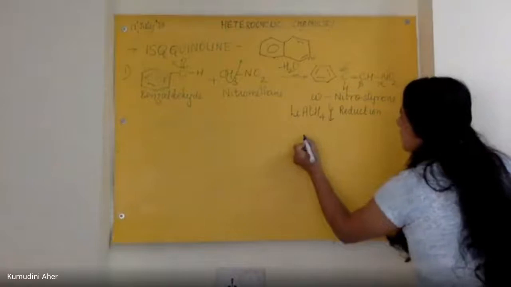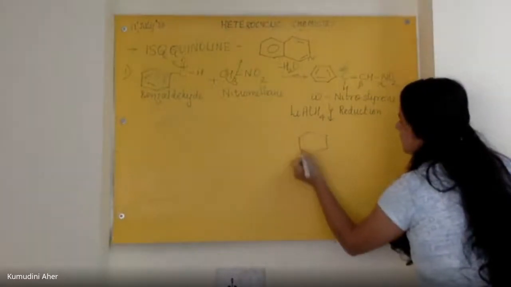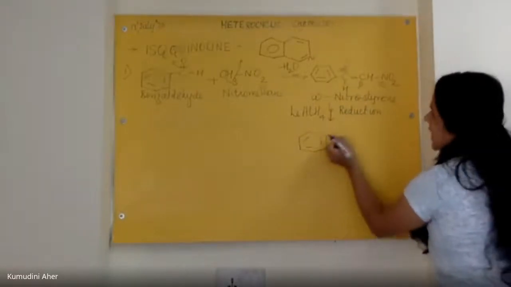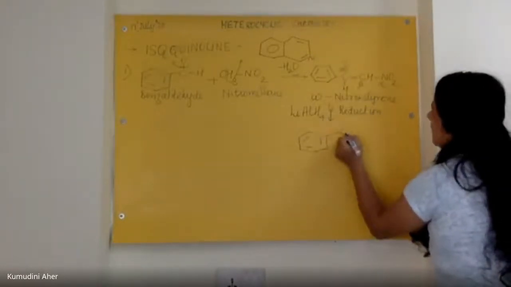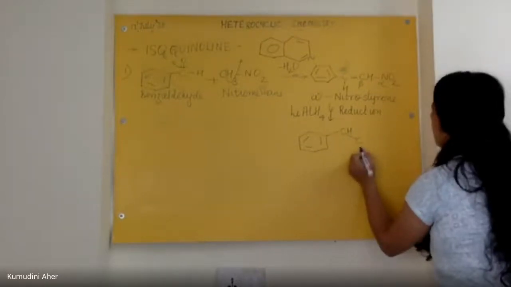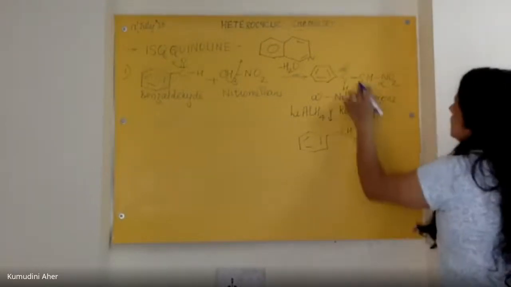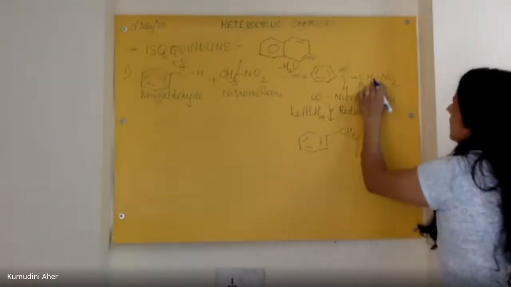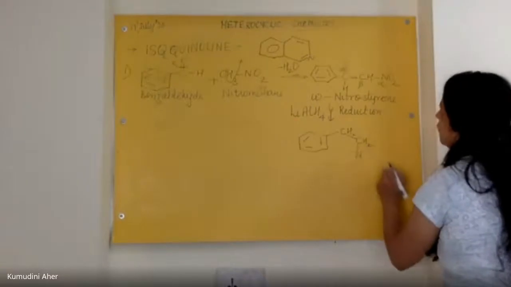The structure will be in this fashion. My benzene ring is already over here. Then I have got my carbon, I have got the hydrogen, I have got my carbon over here. Now, this double bond has been broken. So I will have CH2 over here and CH2 over here.